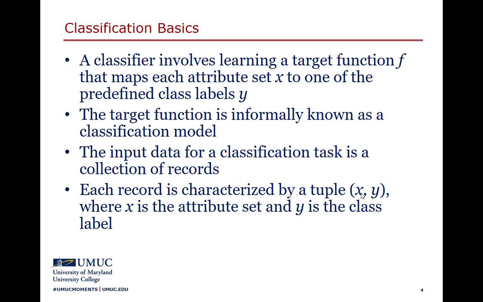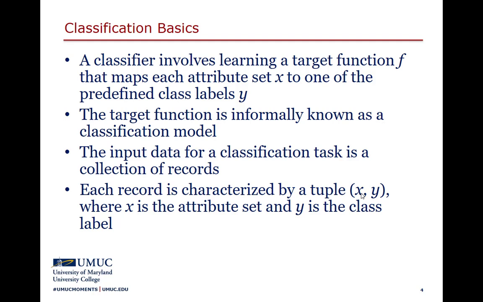So the trained model is the function estimation. And so basically that function is a mapping between the variables, the explanatory variables or attributes, to one of the predicted class labels, which is Y. Okay.